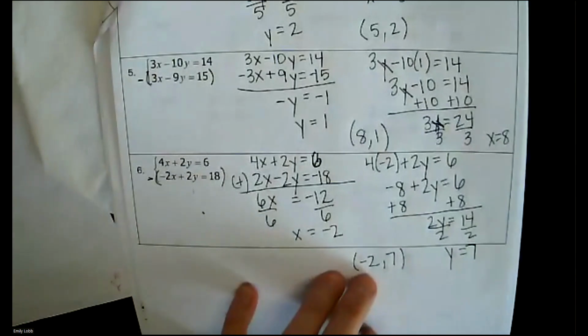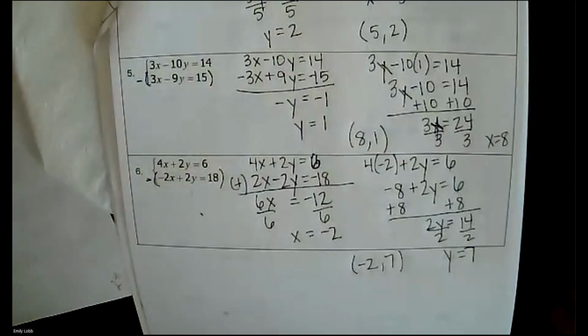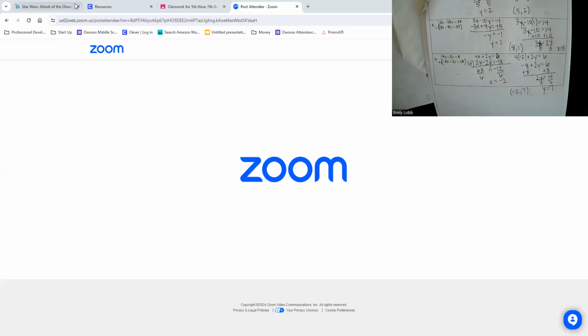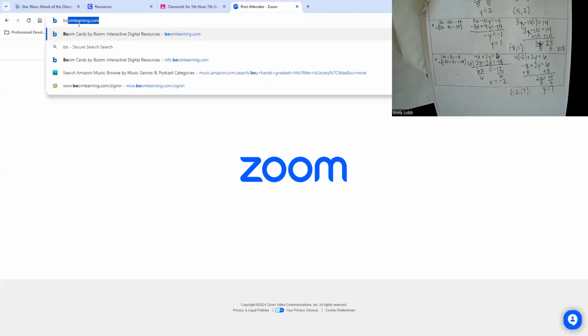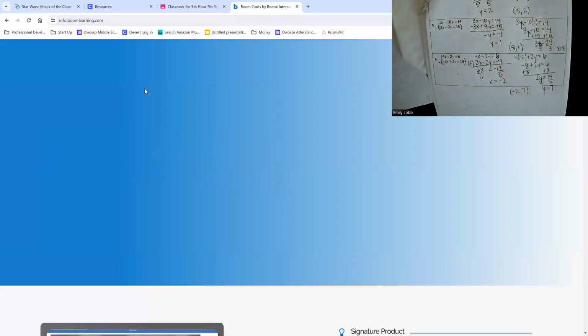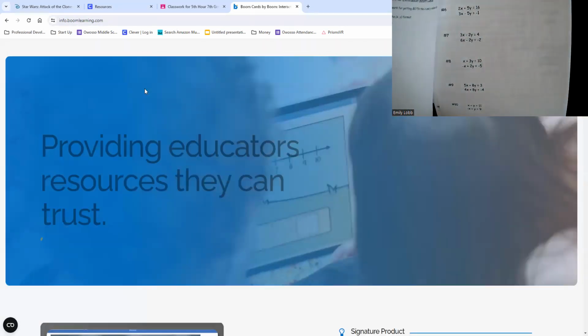All right, so your practice today is on the next couple pages. You're going to show your work there. If you want to log into Boom Learning, oops, I meant to click share. We're going to go to boomlearning.com. You're going to be solving with elimination method.